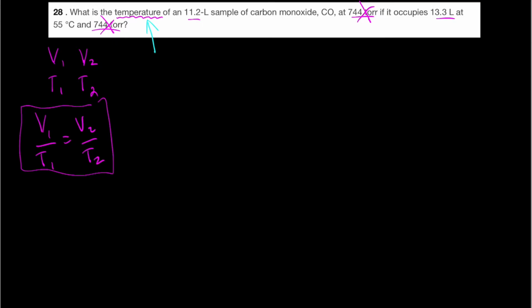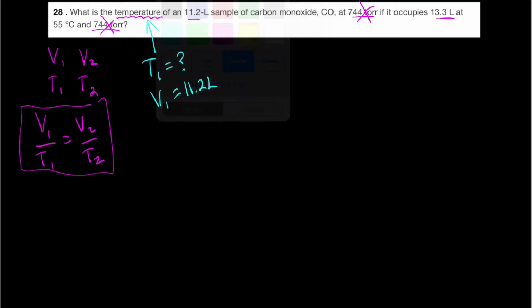So I'm going to call this temperature T1, and that's unknown. The 11.2 liters is the volume that goes along with that temperature. Now, V2 is over here.